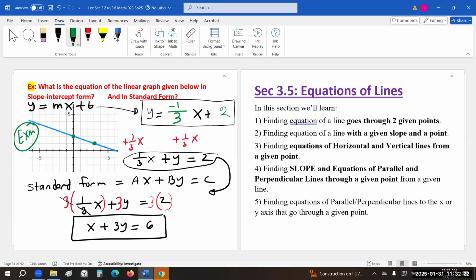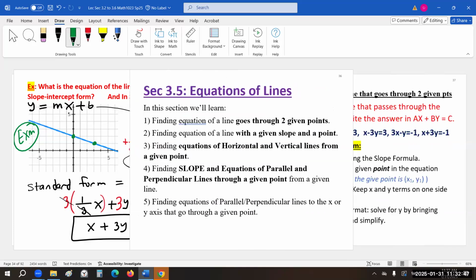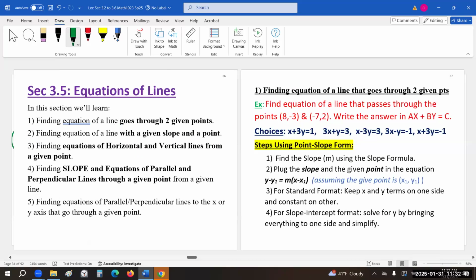Next scenario, what is the slope of the parallel line from a given line or perpendicular line? And finally, finding the equation of the parallel and perpendicular line. So 5 scenarios we are going to learn in 3.5. That's why 3.5 is a little bit longer than other sections. Now let the fun begin.